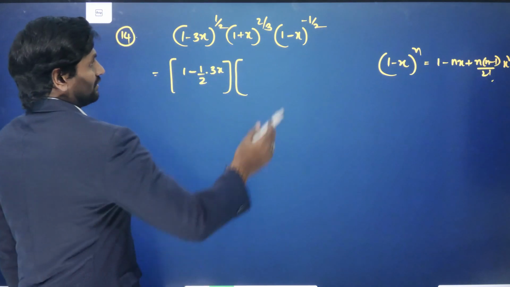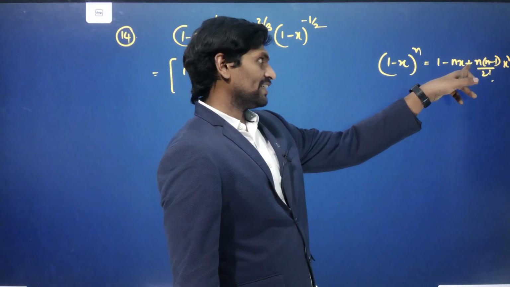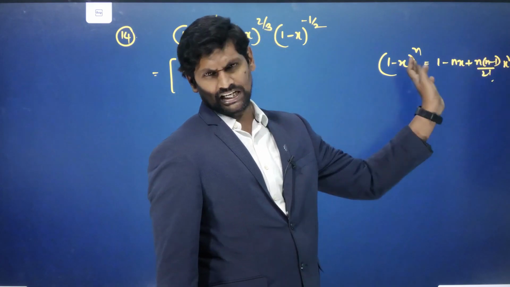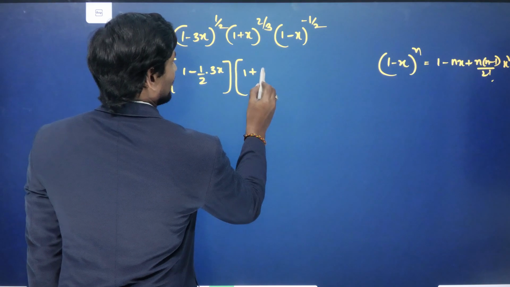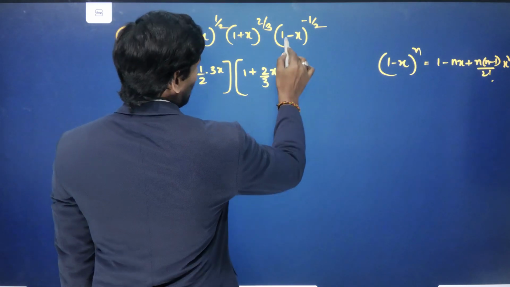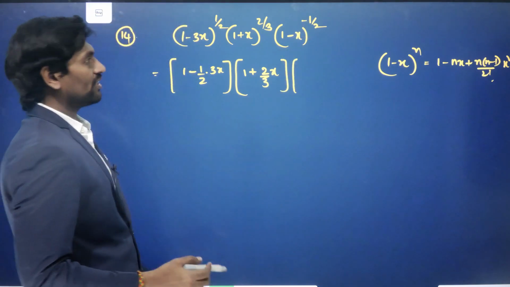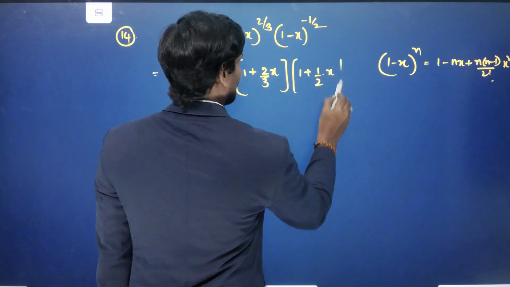Now same way this one. 1 plus, both are plus terms, so plus terms only will come, 1 plus nx plus n into n minus 1 by 2 factorial, same format, but plus symbols will come in between. So 1 plus, here n value is 2 by 3 into x. And the last one, both are negative terms, means increasing order will come. That means 1 plus 1 by 2 into x.